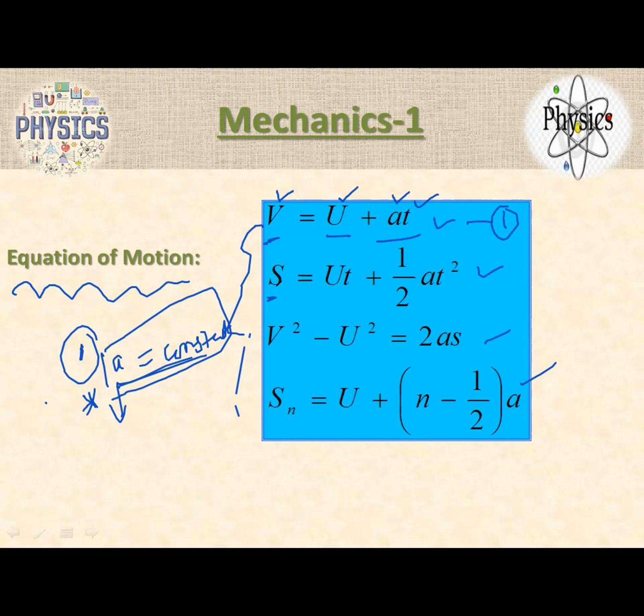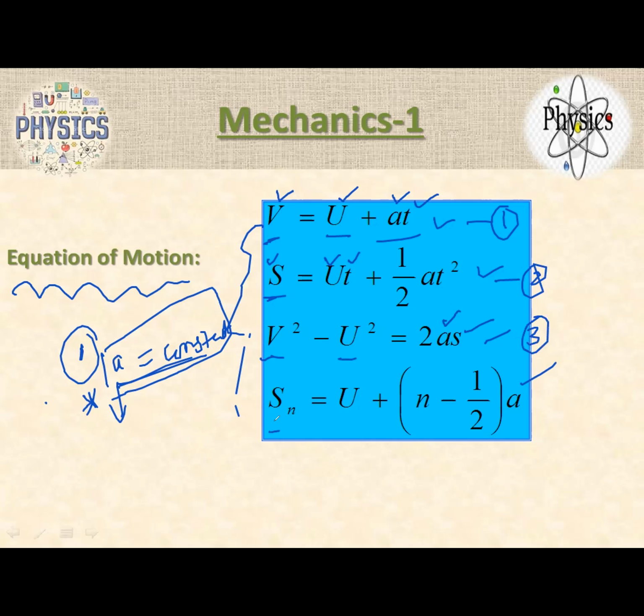If they give the displacement or distance, acceleration, initial velocity and time, you use s equal to ut plus half at square. If they don't give the time, but give the initial and final velocities, acceleration and distance, you use the next equation.